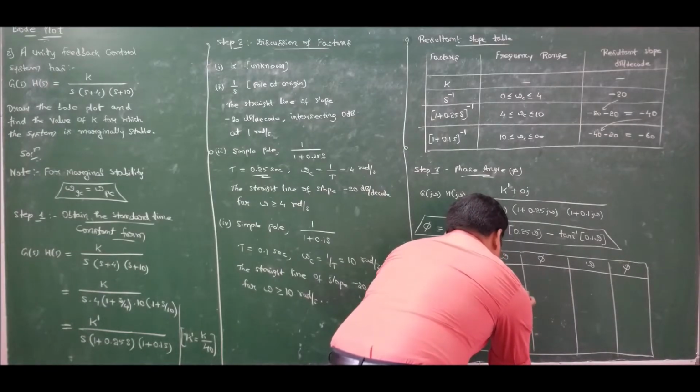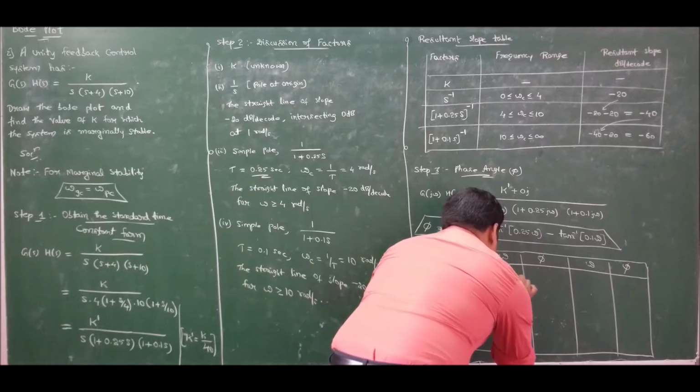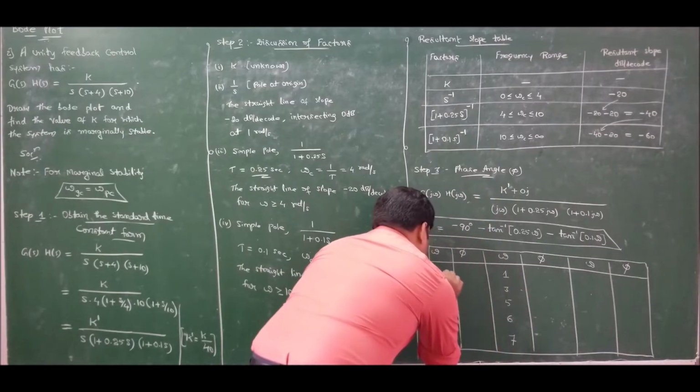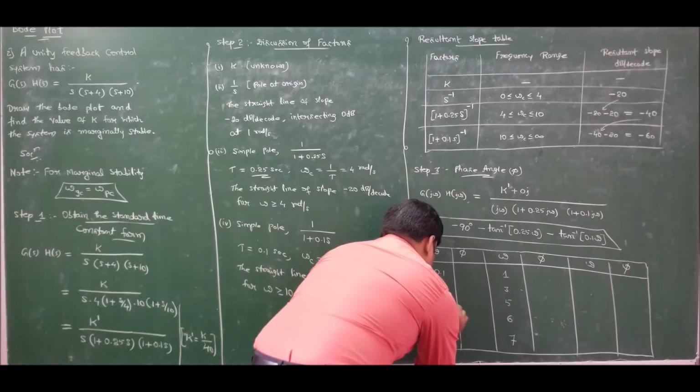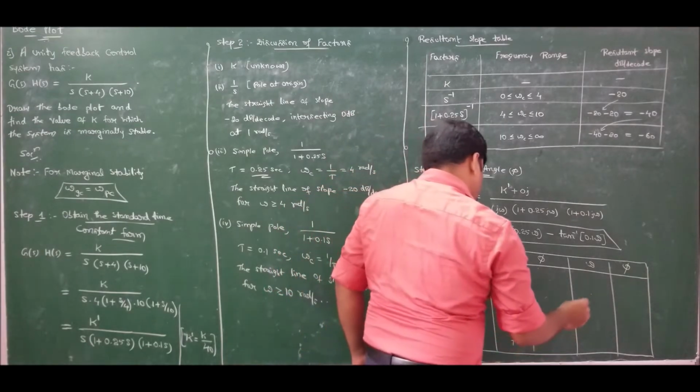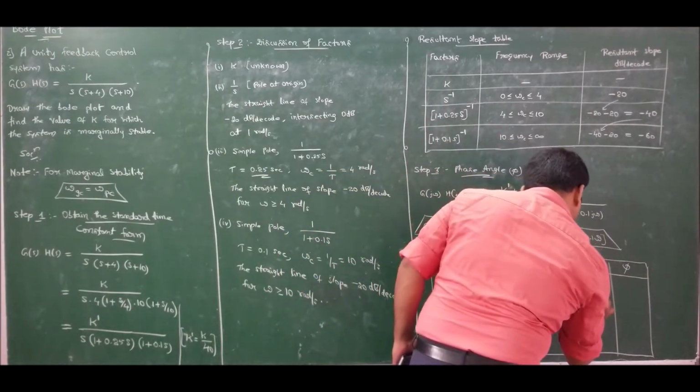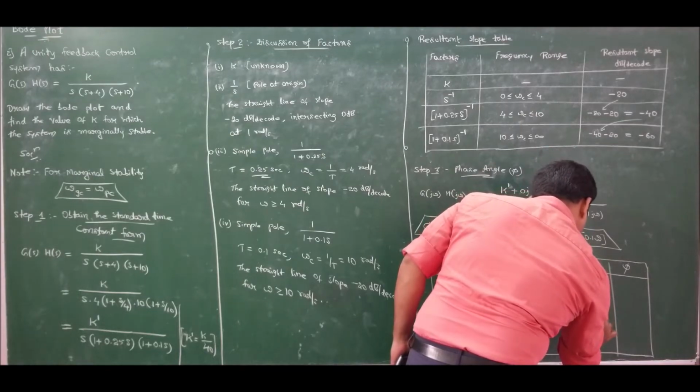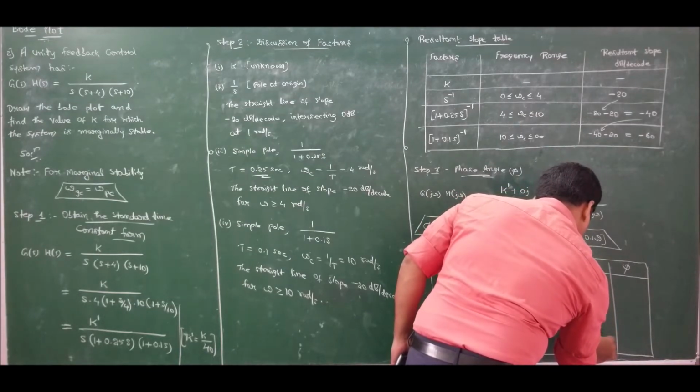Next I will take 5, 3, 1. Here I will take 0.1, 0.2, 0.3, 0.5, and here I will take the values as 10, 20, 50 and 100.